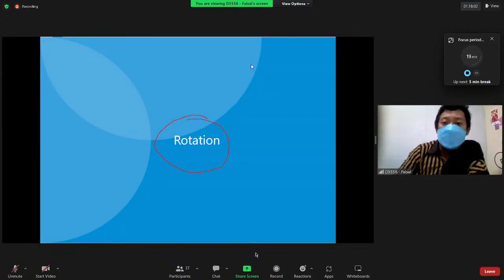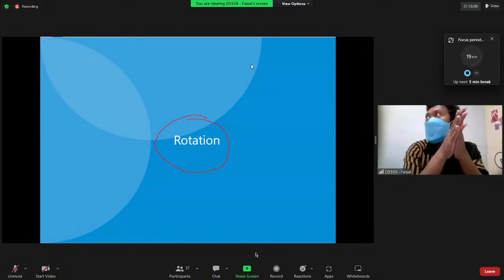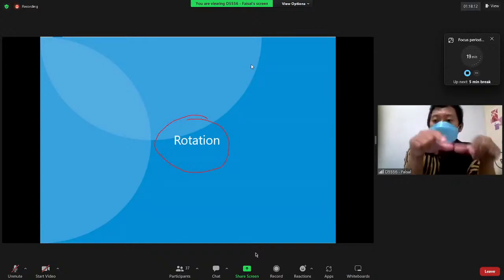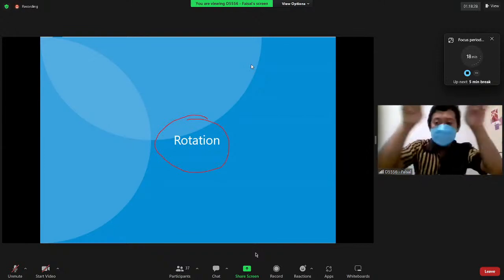But again, we will study rotation, this transformation, by two approaches. First, using the inner product, using the sum or the subtraction of vectors, and the second, we use the matrix.